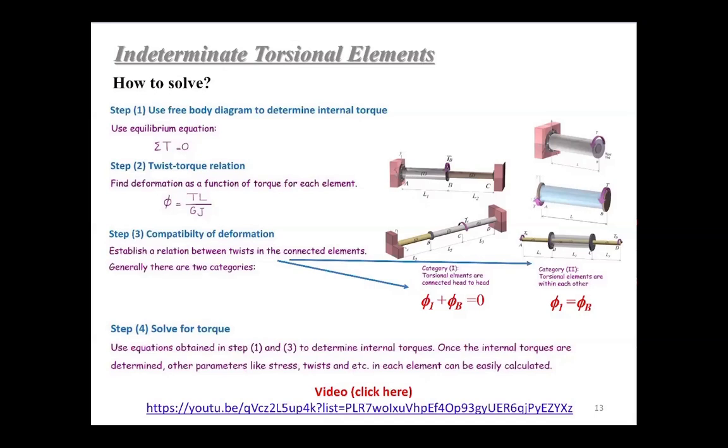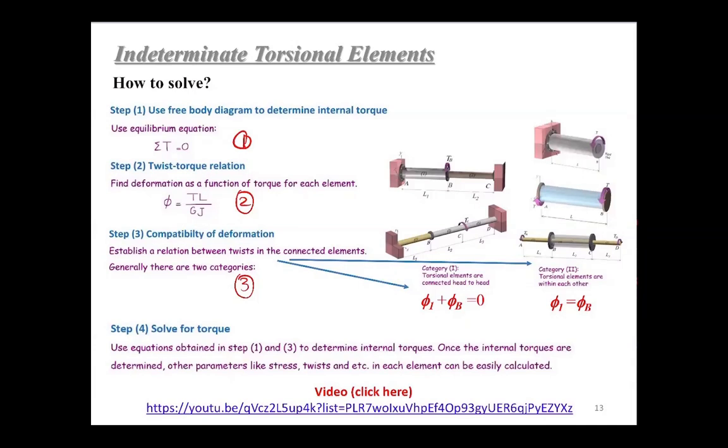You can do an analogy to the previous chapter. The third step is the compatibility condition. Then the fourth step is to put these 2 equations together to solve 2 unknowns simultaneously.